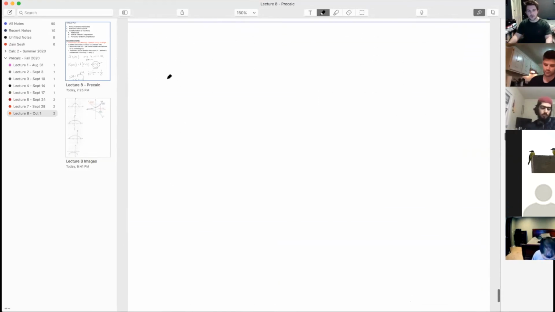Okay, so example. So we're going to work again with a function table. This is a really nice way to explicitly work with coordinates. All right.